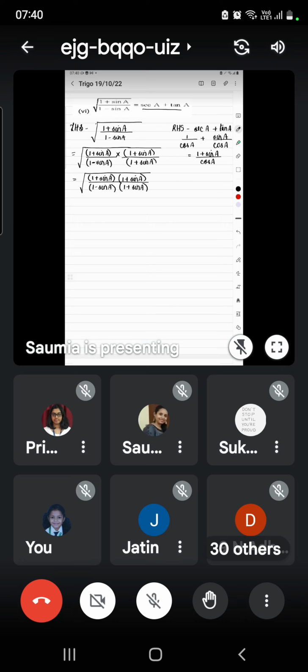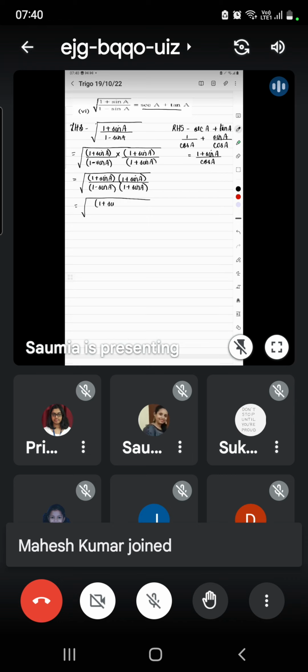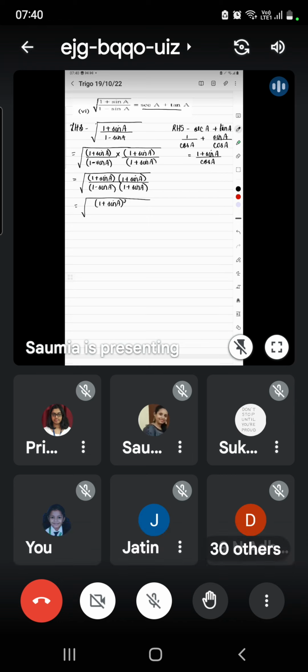Now, have a look at the numerators. 1 plus sin A into 1 plus sin A can be written as (1 plus sin A) the whole square. And what is the denominator similar to? A square minus B square.